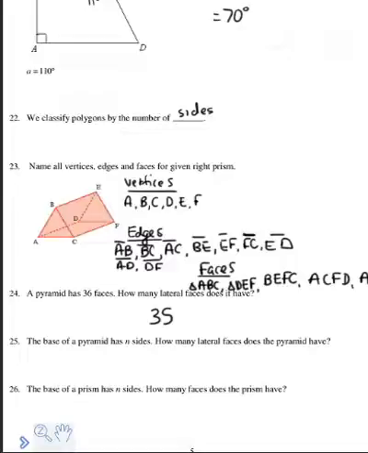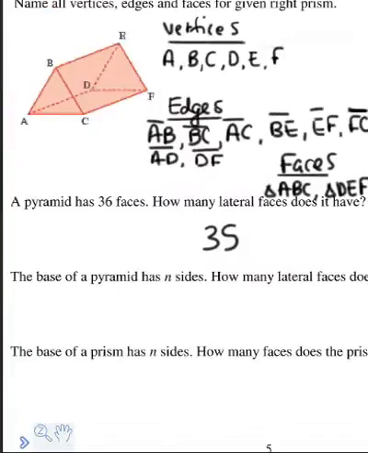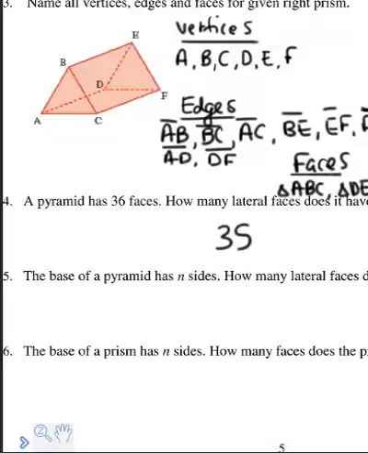Okay. Similar type of question. The base of a pyramid has n sides. How many lateral faces does a pyramid have? Well, we can just draw the net of a pyramid. Let's say the base is a square.